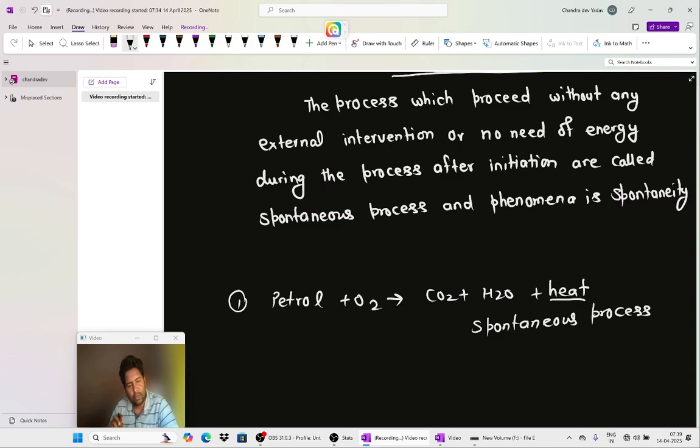So only the first time, initiation requires a small amount of heat, and all the other molecules, 10 to 100 liters of petrol, burn without any external heat.